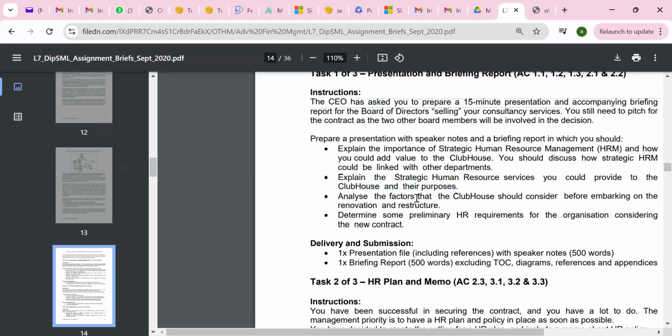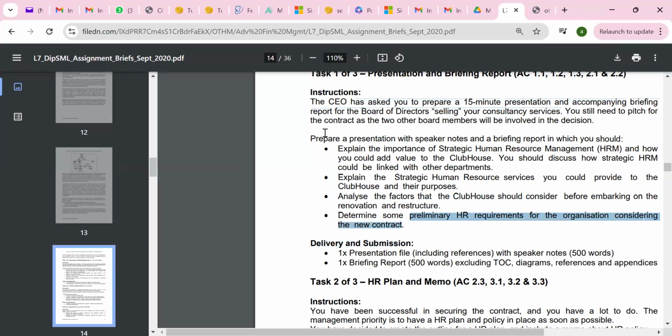Then in light of the factors, you should consider making renovations and restructuring. You can look at the environmental factors, internal and external factors, micro and macro level factors. Legislation as well, environmental, the costing, all of these, and look at your own organization structure. These are the requirements, considering a new contract maybe.